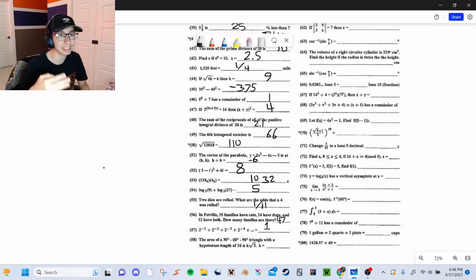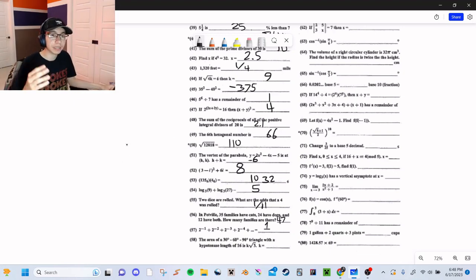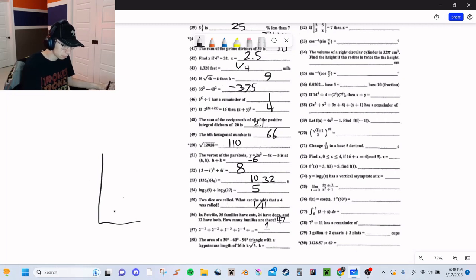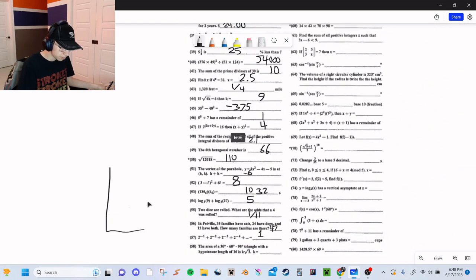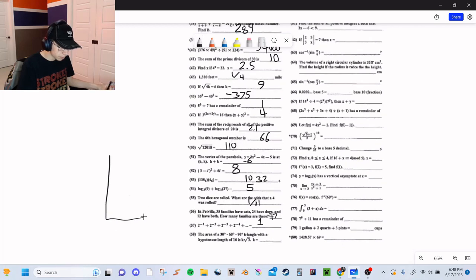Okay, so what's a 30, 60, 90 triangle? Well, like it says, those are the measures of the angles in the triangle. So it looks something like this. That could be drawn better.